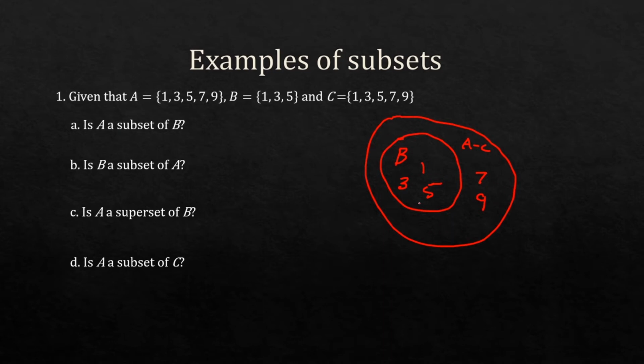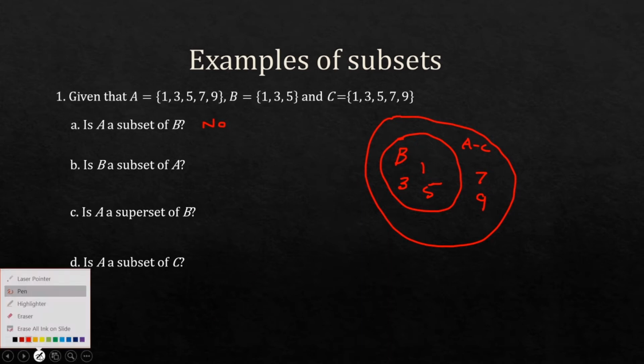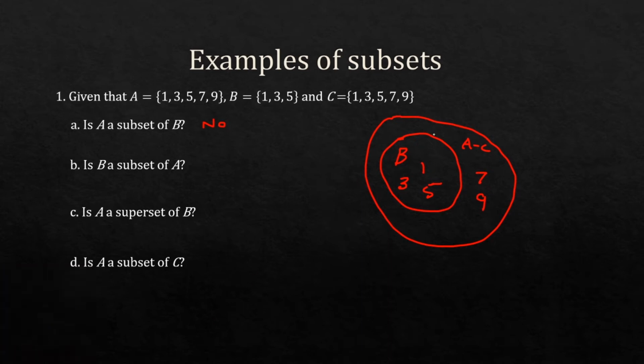Okay, so we want to know, is A a subset of B? No. But is B a subset of A? We can see B here. All of the elements are inside A. Therefore, this would be yes.